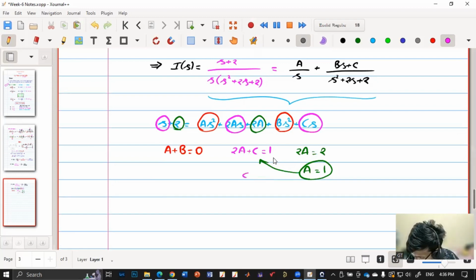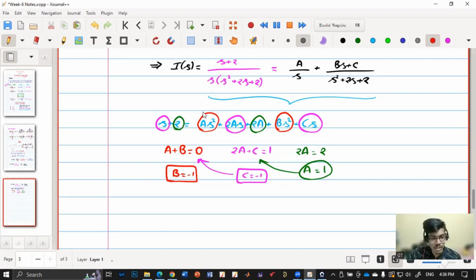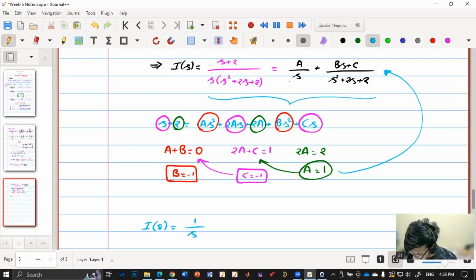You're also doing it along with me? Yes, sir. So now if we substitute, b is also equal to minus 1. Now we have got A, B and C. We'll back substitute all these in the equation to solve I of s. Now I of s is nothing but 1 by s, then B and C are minus 1, so I'll take the minus common.